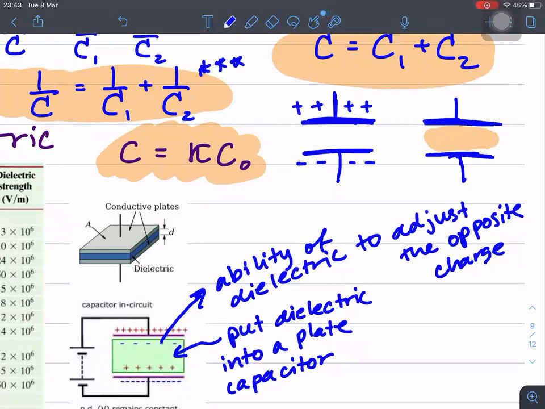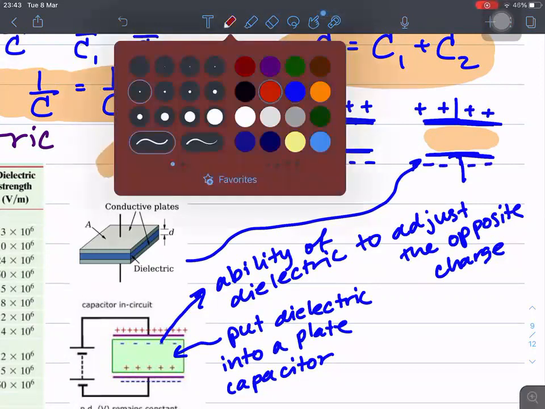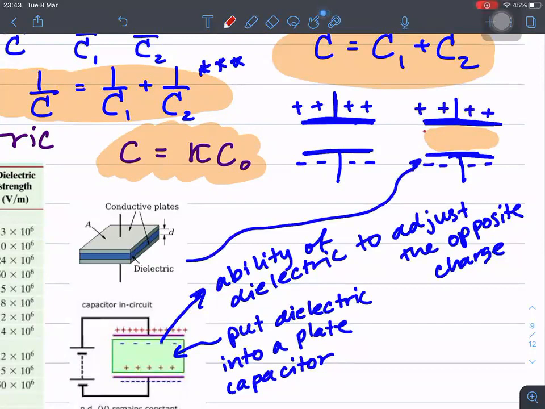But if we add a dielectric material like this, if I have the positive charge here and negative charge here, in the dielectric there will be some dipole moment that responds to the electric field of the system, and we are going to have the opposite kind of charge at the interface.